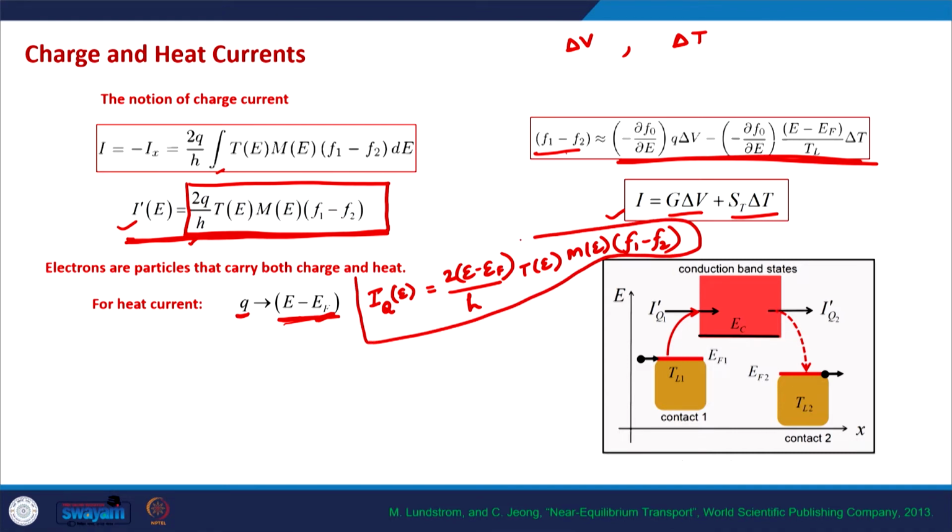So please remember that this is not charge current, and that's why this is the heat current, and its unit will also be different. I'll give you a few minutes, so just think about what would be the units of IQ. Okay, and we'll come back to this in coming slides.